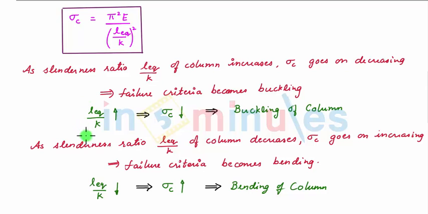So when the slenderness ratio increases, or I may say when the length of the column increases, the column tends to become a long column and the buckling phenomenon is predominant, whereas for a decreasing length or decreasing slenderness ratio, the critical bending stress of the column becomes the predominant criteria.